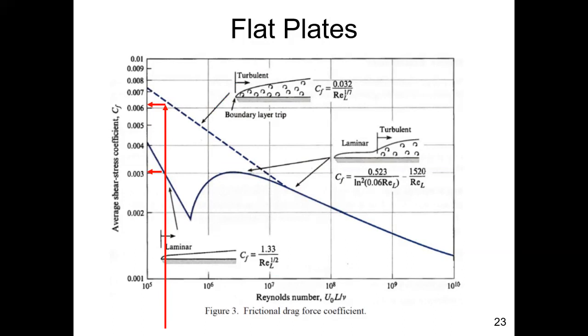So the solid line is for smooth, and the upper line is for a roughened surface. So if you're only worried about frictional resistance, when you roughen that surface, you're going to pay a penalty in drag. And again, this laminar line continues. It's just that at much higher Reynolds number, you can't preserve laminar.